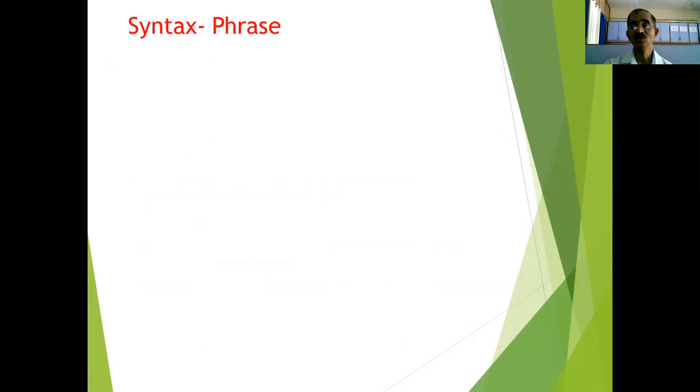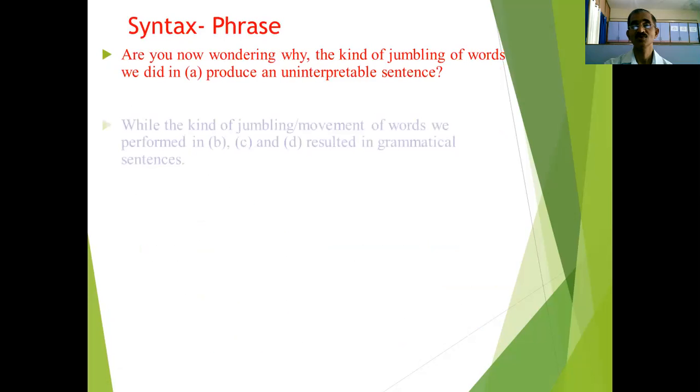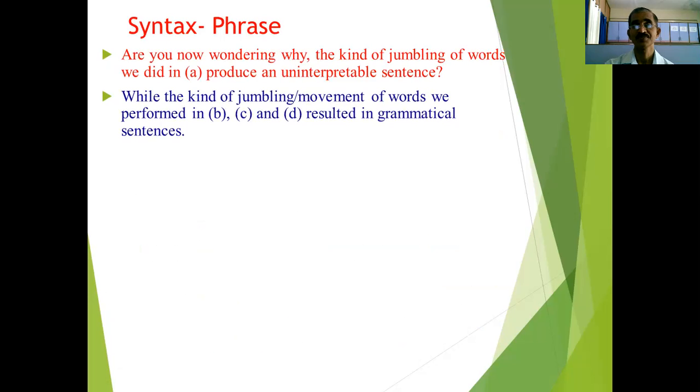When we see the other three examples, you may be wondering why the jumbling of words we did in the first example produced an uninterpretable sentence. It is impossible to interpret because it is ungrammatical. We don't have the meaning of that sentence.